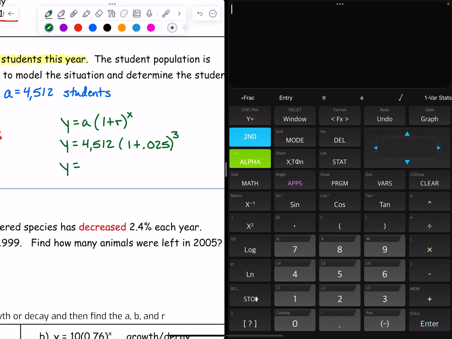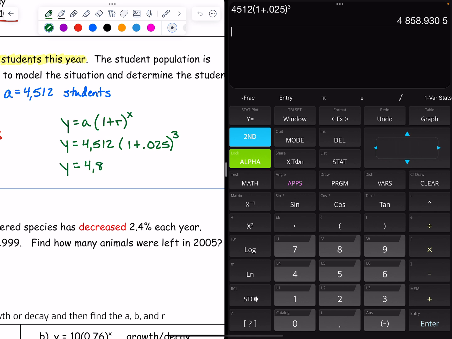So let's see. I've got 4,512 parentheses 1 plus 0.025 and then to the power of 3. And then you have to round that off and think of people, like what would make sense in terms of people.